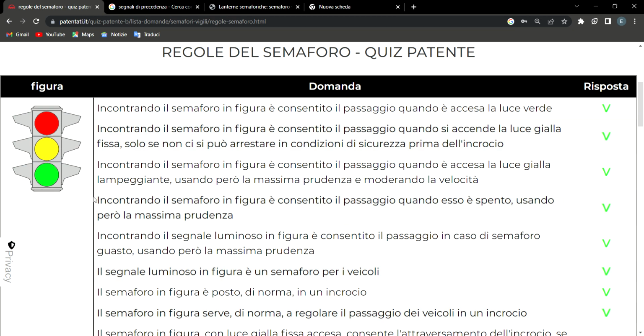So number 4, it says: incontrando il semaforo in figura è consentito il passaggio quando esso è spento, usando però la massima prudenza.